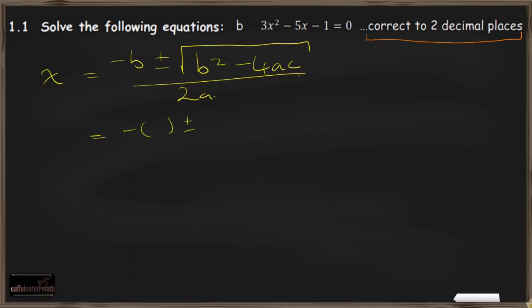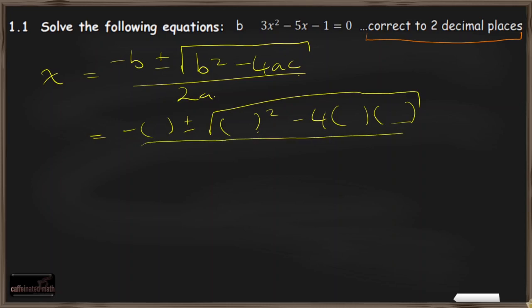So everywhere we see a letter, well, we just substitute for a set of brackets. So that's b squared minus 4ac, everything over 2 times a, of course.